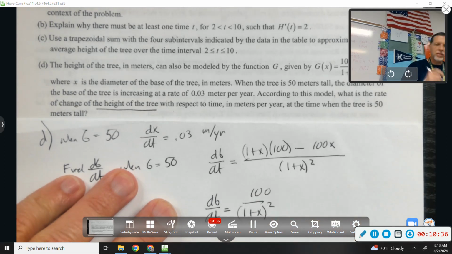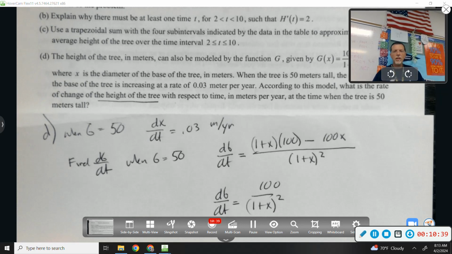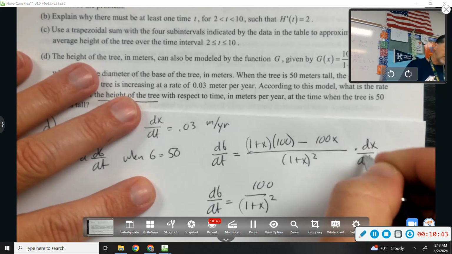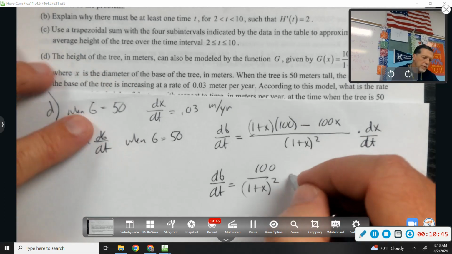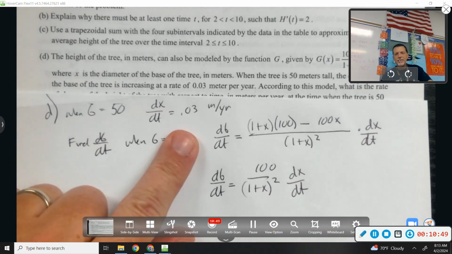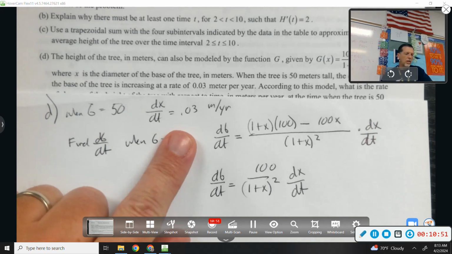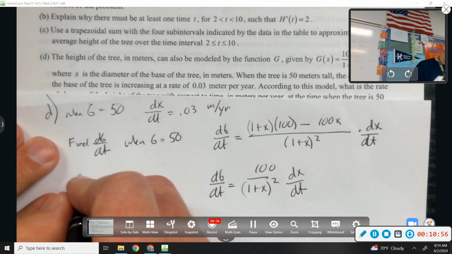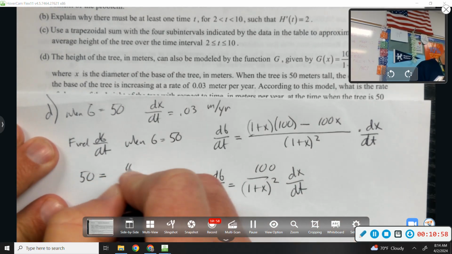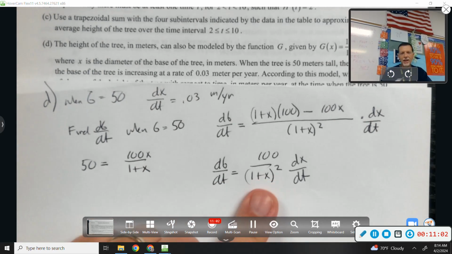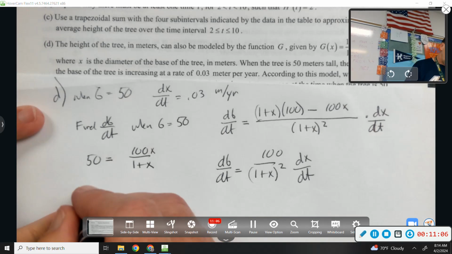So that wasn't maybe as terrible as we thought. Oh, I did leave off something. Times dx dt, since we're taking a derivative with respect to t. And that's why they gave me that dx dt is 0.03. So I need to figure out x when g is 50, and then I'll plug that x in there, and that will get me the answer. So let's see.